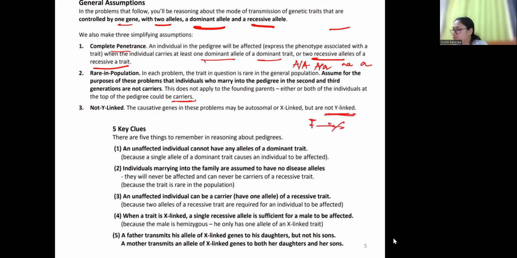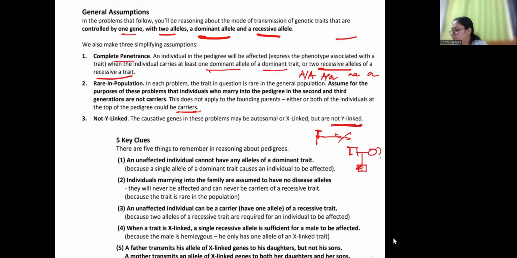There are some limitations about that, so generally we don't consider it. But if a pedigree keeps showing that in every generation a father and then a son is affected, and again a son is affected, suppose they have three children, a son, a daughter, and the son is affected, the father is affected.